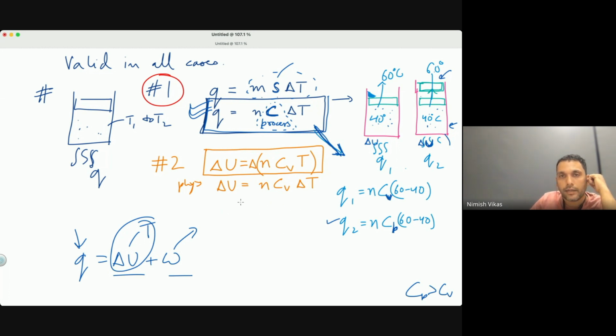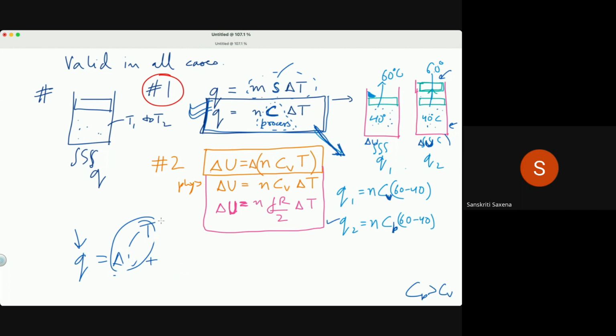So one may write it as n f R by 2 into delta T just to show that it's a constant. R is a constant, 2 is a constant, f is degree of freedom according to the structure of the molecule. So this is an all-time formula, valid in all processes. Delta U is so much in all processes. Is that clear, guys?